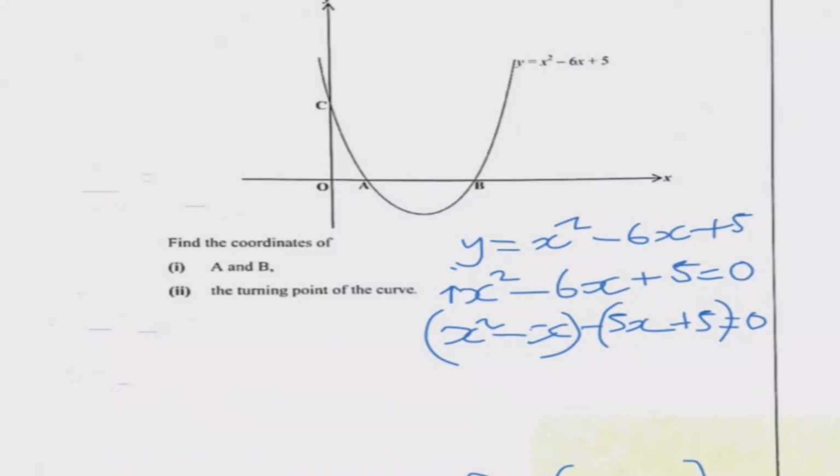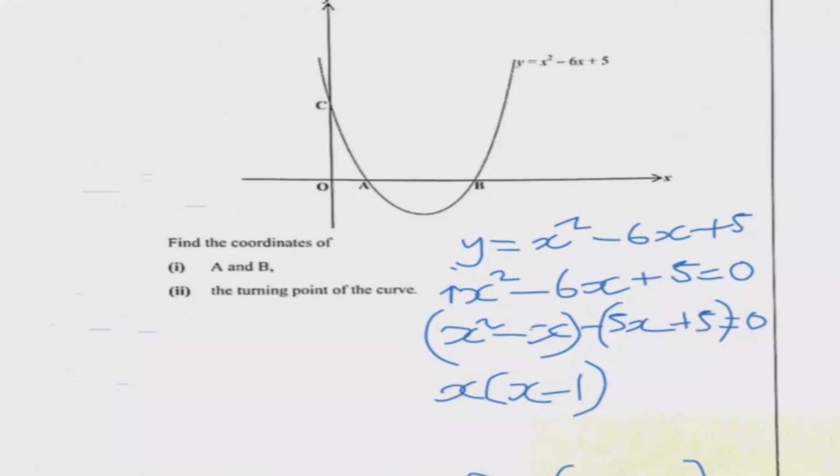What is common here is x. So we say x into x squared will give us x, and x into x will go 1 time, so we have got 1 there.